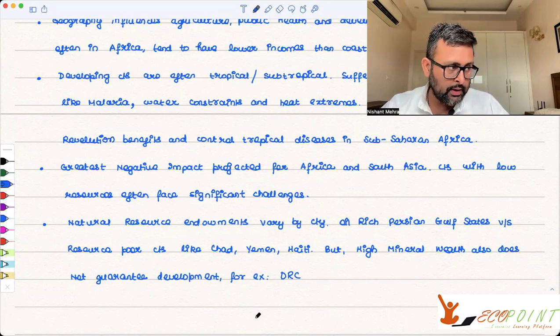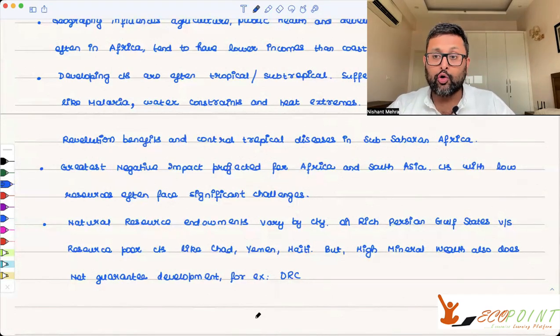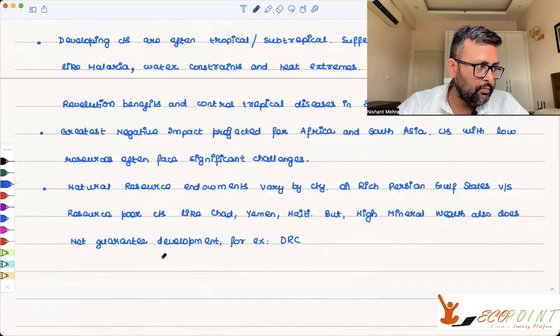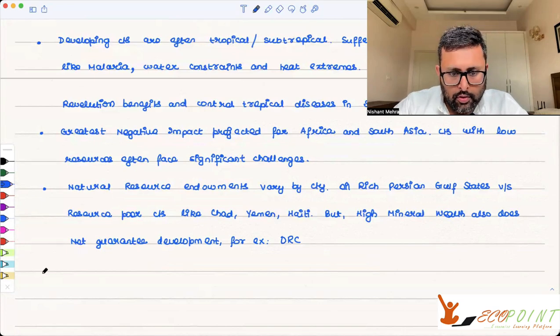There is also often huge inequality in those countries. There are conflicts in those countries. The case, for example, is Democratic Republic of Congo, right?